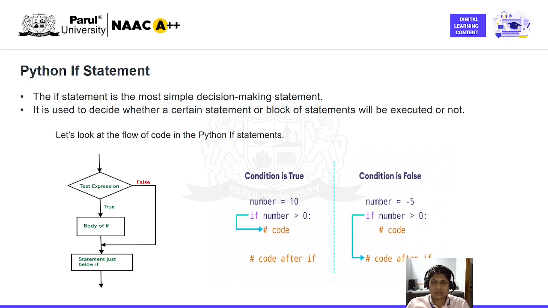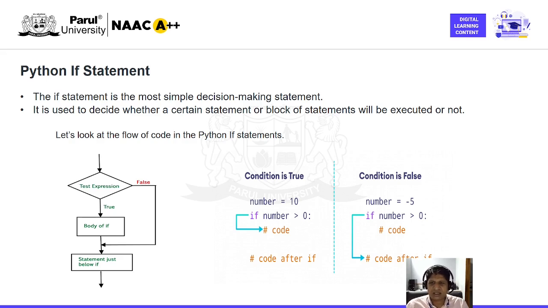With the help of the comparison operator, we prepare a test expression. The system checks, and if the given expression is true, then it enters into the if body. There are two bodies, one is the if body and another is the else body. We will discuss it later, but here we discuss the if body.